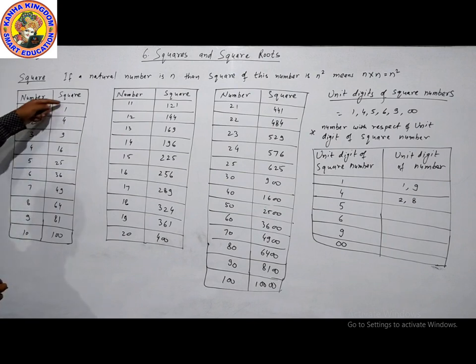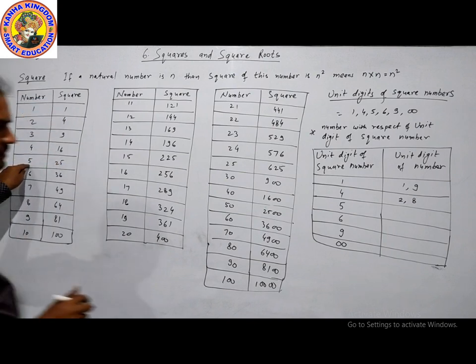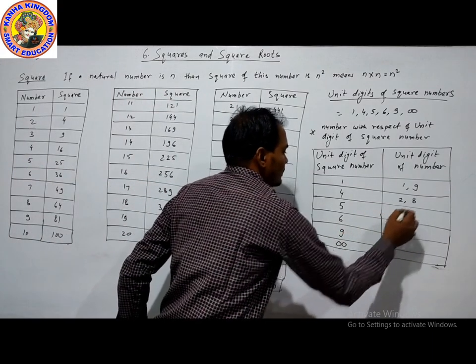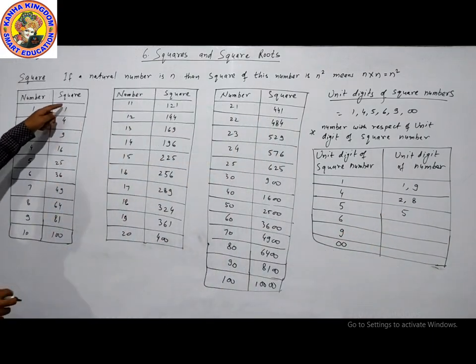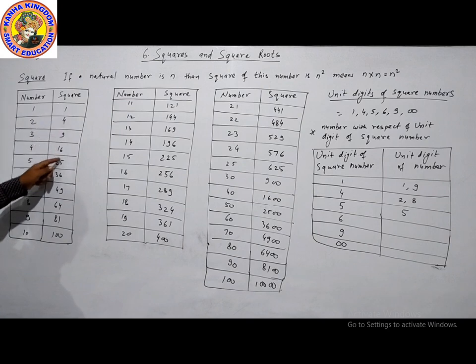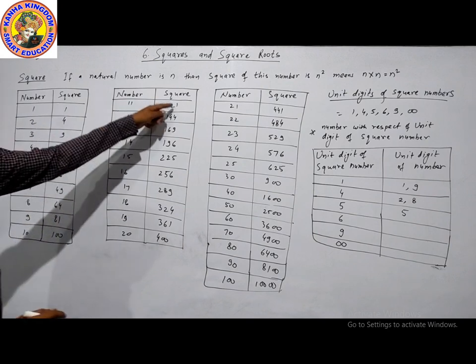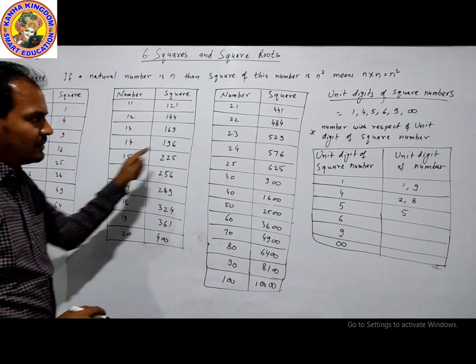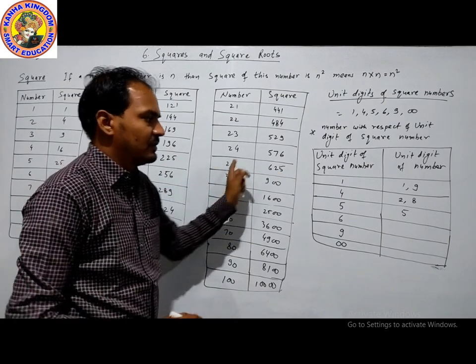Now when we get 5, it comes from 5 only.